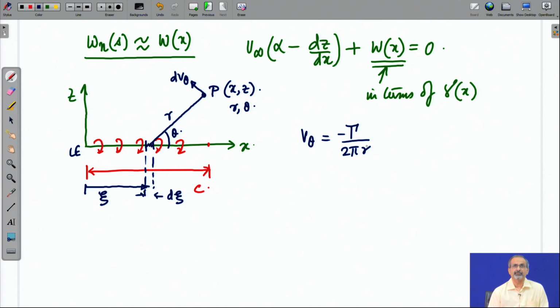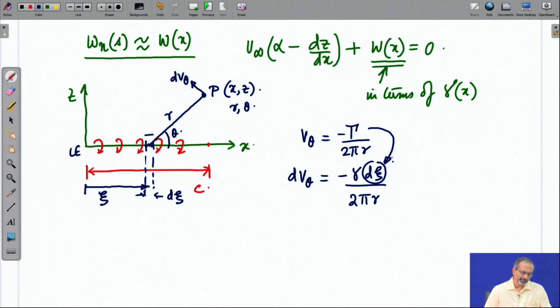Now, here we have a very small vorticity within that d xi length, which can induce a very small extent of v theta that will be given by this value. So, the strength of gamma over that element times the length of the element gives the vorticity, and that replaces the gamma.